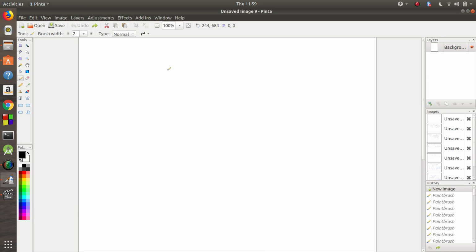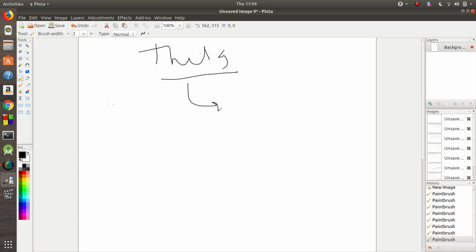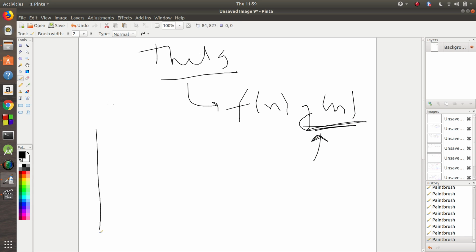So in this video we will be studying theta notation. We will be dealing with two functions, f of n and g of n. The function which corresponds to our algorithm is g of n, right?